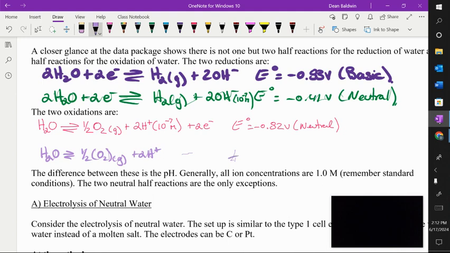And this is acidic. All right. So depending on if you're in neutral, acidic, or basic conditions, you'll get different voltages.